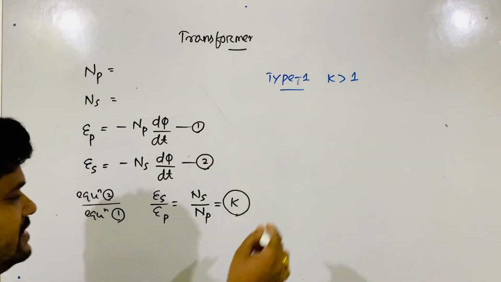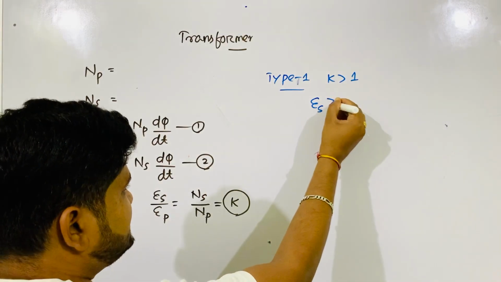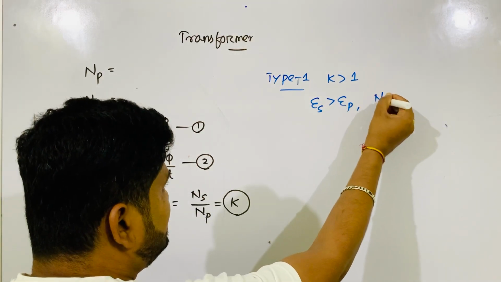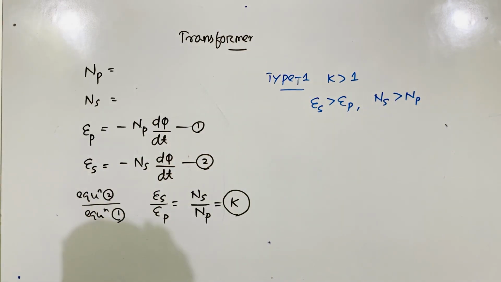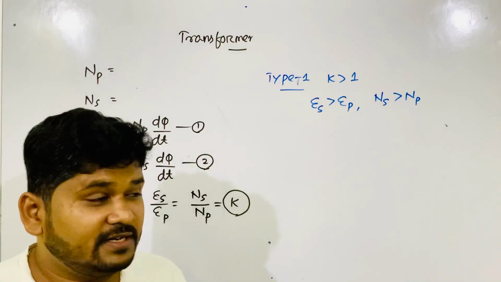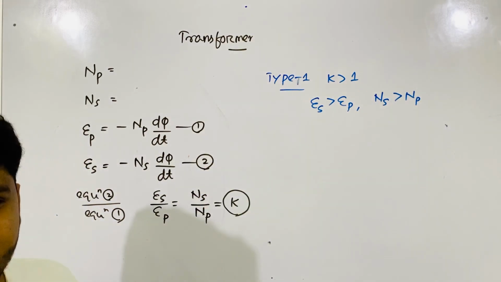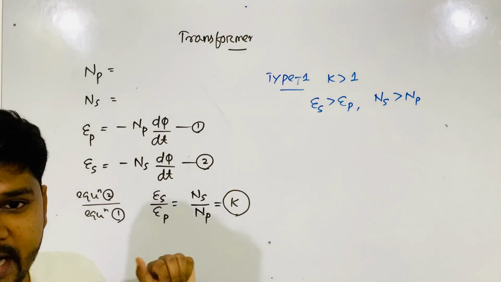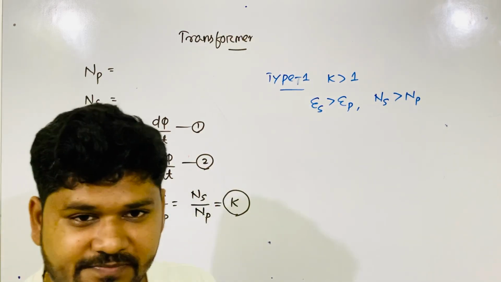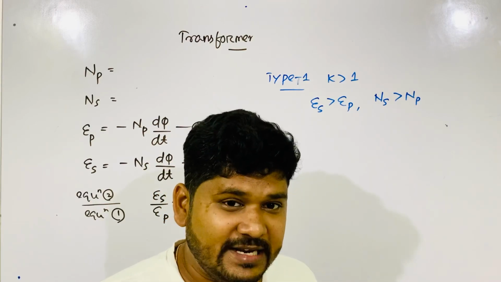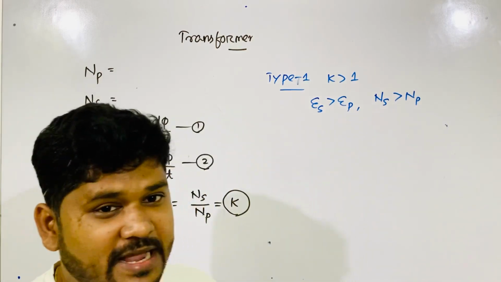Then you see ES is greater than EP, NS is greater than NP. That means the secondary voltage, this is the EMF induced in the secondary coil, is more than the primary voltage.